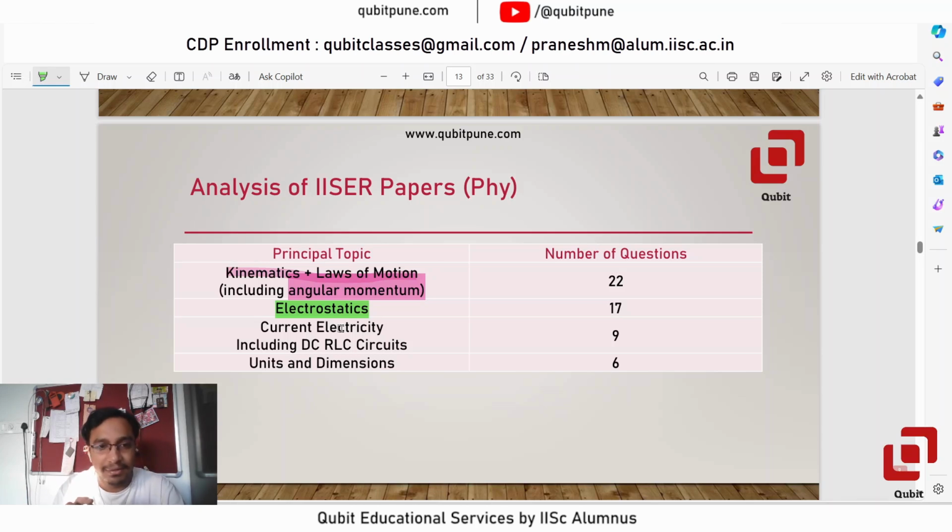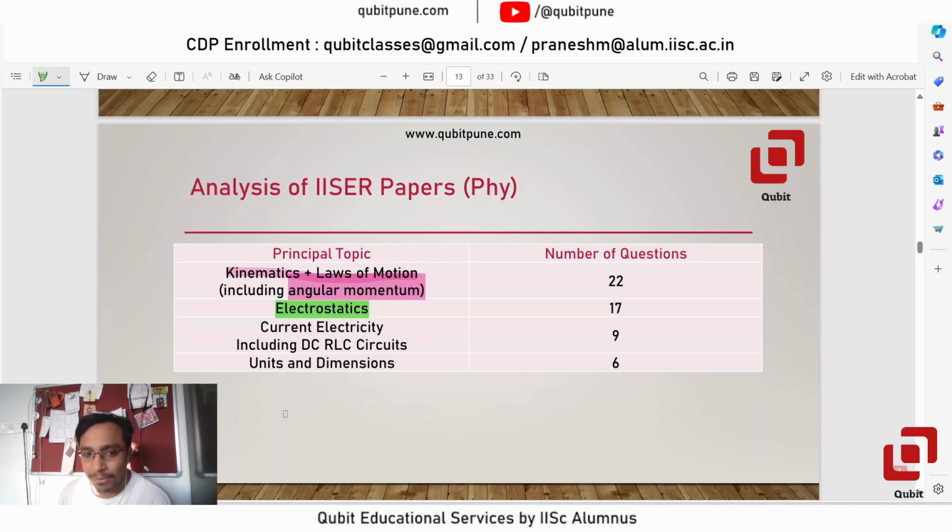I think there was one problem on finding the net resistance in the IISER Aptitude Test 2023, if you have gone through the paper. So I'll also include those questions in current electricity, because the source is not alternating, the source is a DC source.